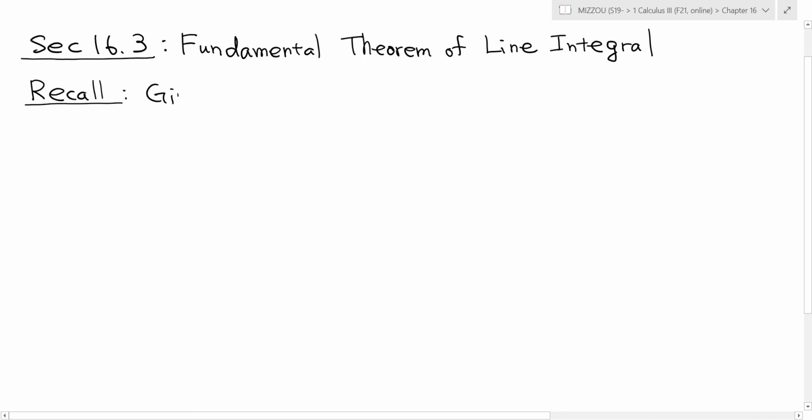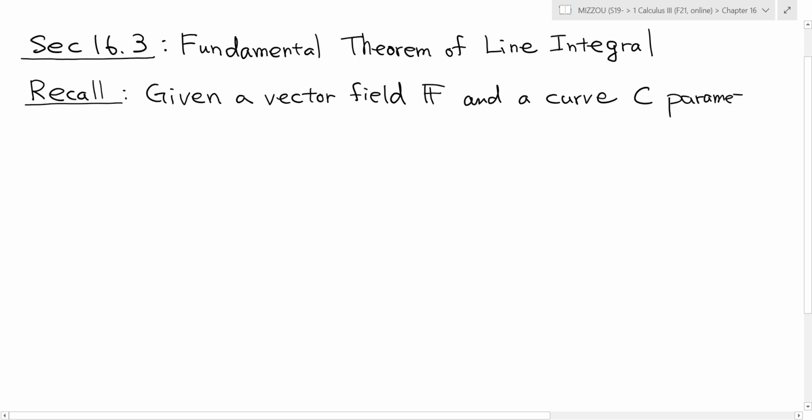Given a vector field F and a curve C parameterized by r(t), where t is between a and b.